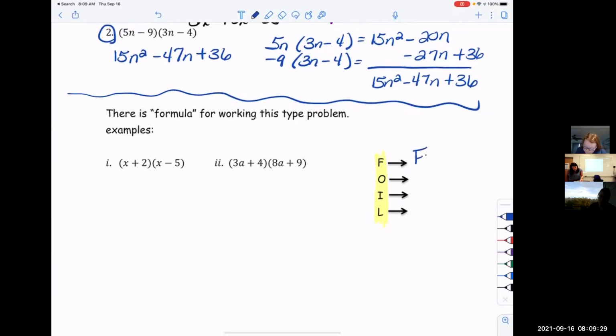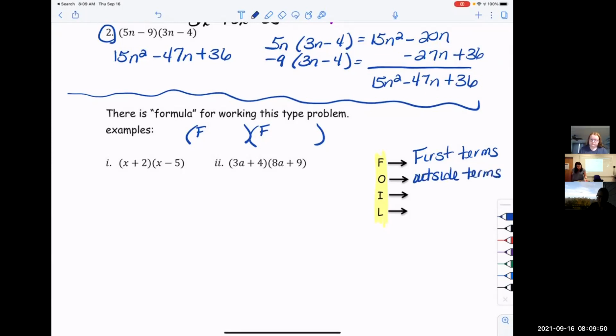You multiply the first terms. These would be the first terms at the beginning of the parentheses. A 2 at the beginning. That makes sense, right? Then you would do the outside terms. Multiply those. So these would be the ones on the outside, the outside edges of the parentheses, as far out as you could go.